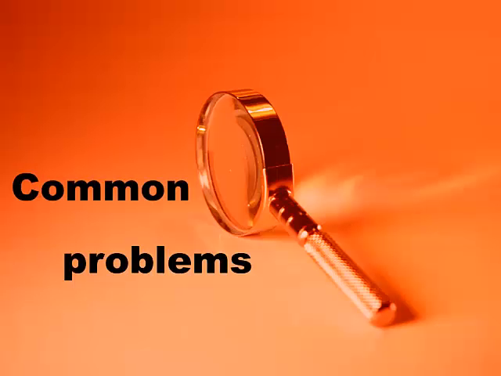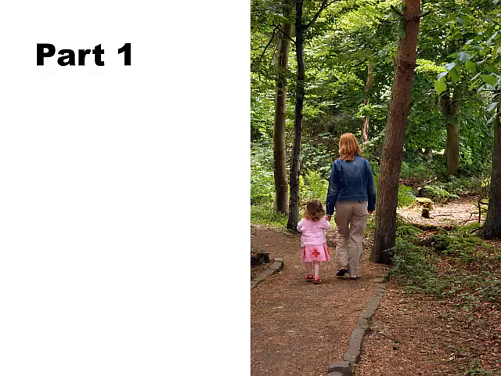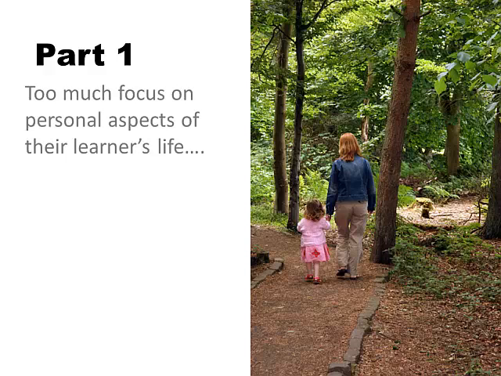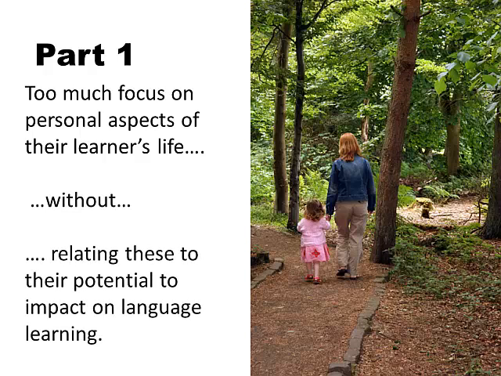Some common problems that people have when they're doing this assignment are as follows. So part 1, people often get a bit too involved in the personal. They're talking about their learner and they're interested in them, but it's about aspects of the learner's life that relate to their potential to impact on language learning.